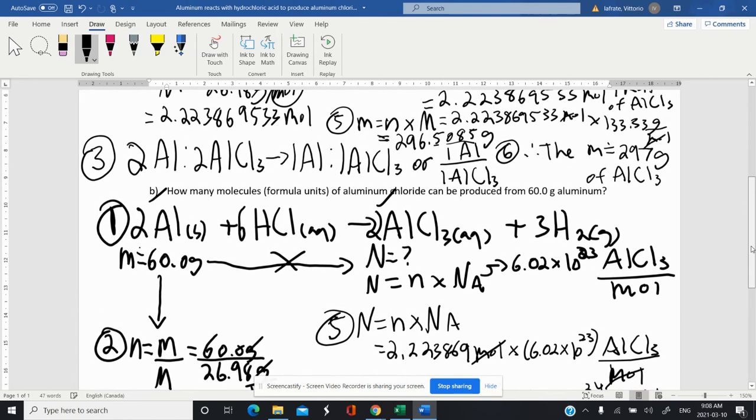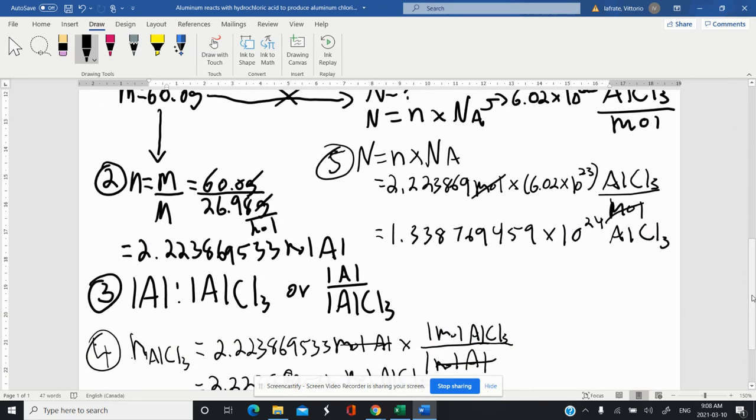Don't forget, though, we need to have the proper number of significant figures, and that is 3 significant figures that we need to round to. So up to here, I look next door over here, and I'm rounding up.